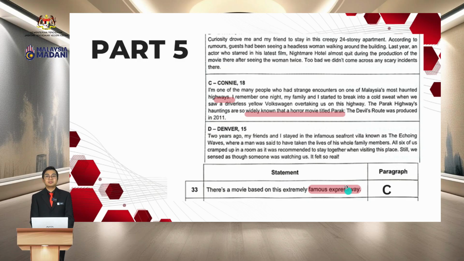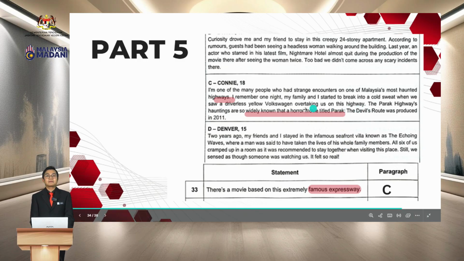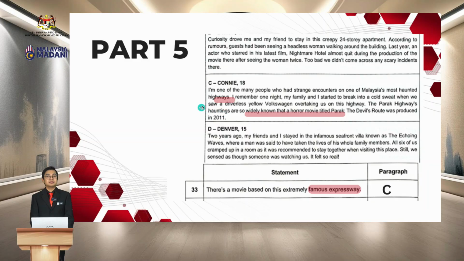For example, here the word highway. Remember when I said that we need to understand the words, it doesn't mean the words are similar. It can have the same meaning but a different word. For example, expressway and highway have the same meaning.